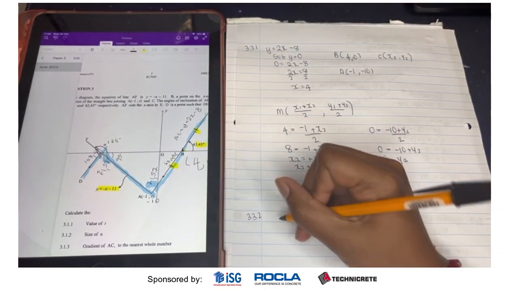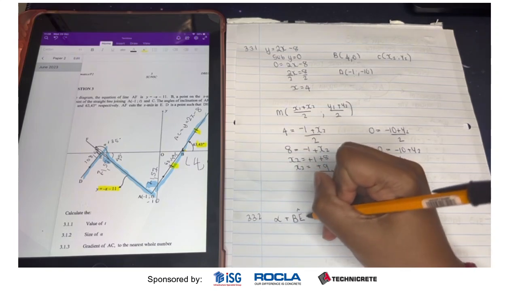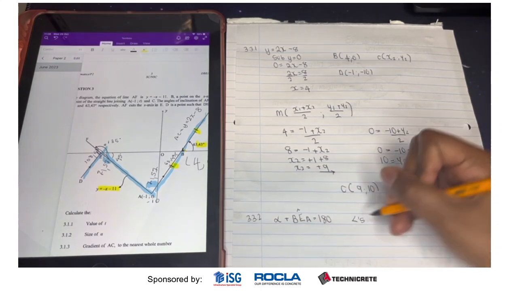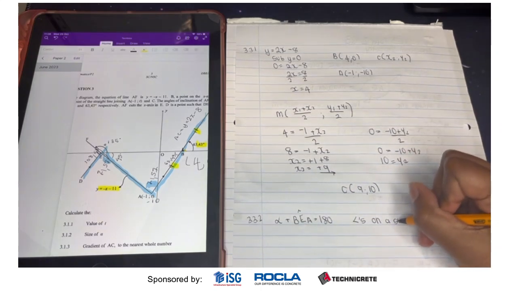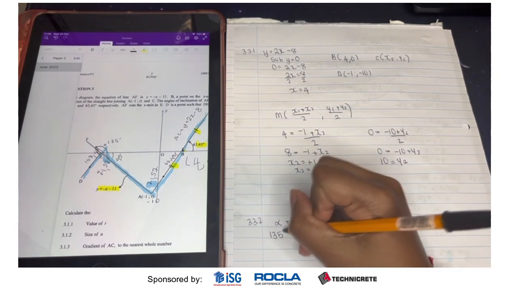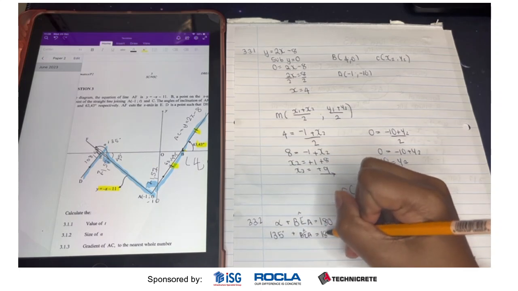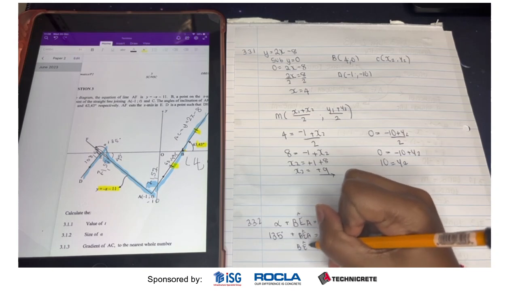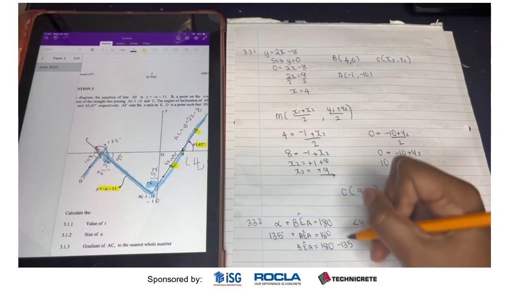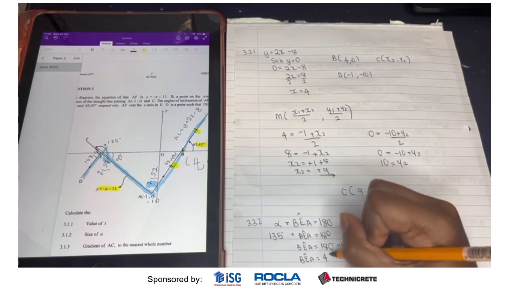I'm going to say alpha plus angle BEA is equal to 180. Remember your reasons, angles on a straight line. My alpha is 135 degrees. I want to calculate BEA. BEA is going to be equal to 180 minus 135. Therefore, BEA is equal to 45.